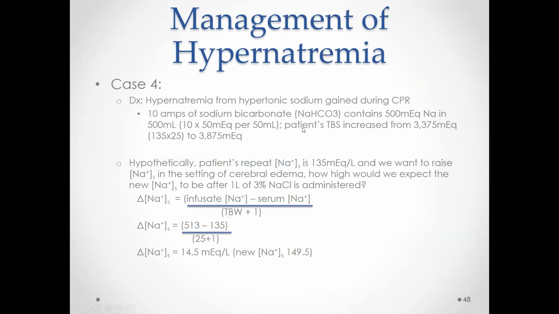And just as a reference, a liter of 3% hypertonic solution has about 513 milliequivalents. So she technically received almost a liter of 3%. So that's why it went up pretty fast.